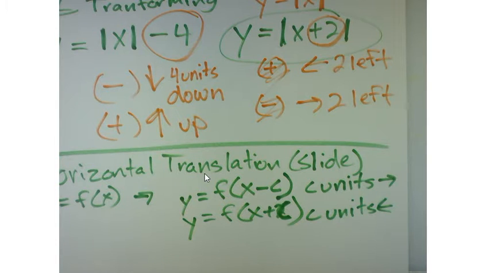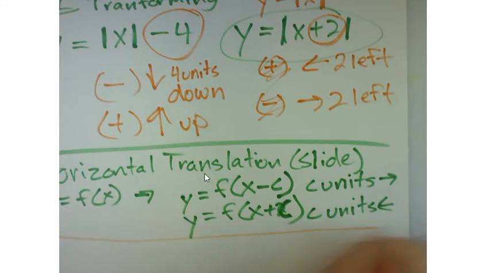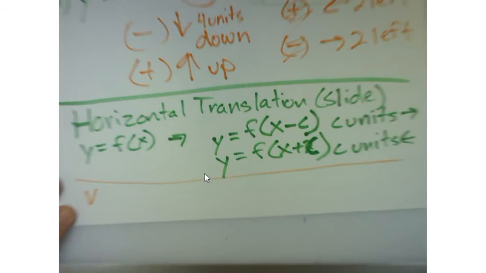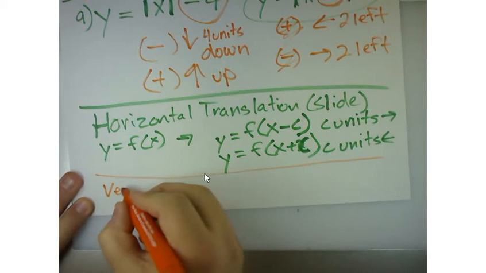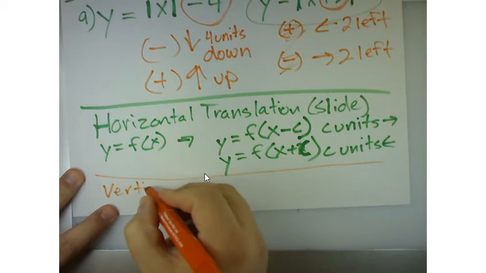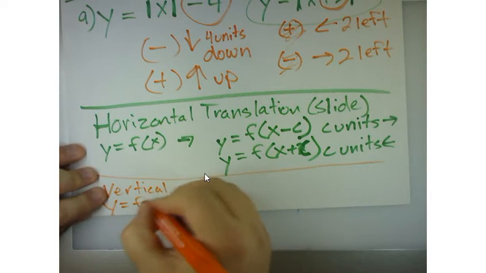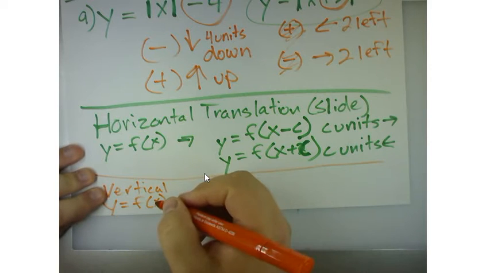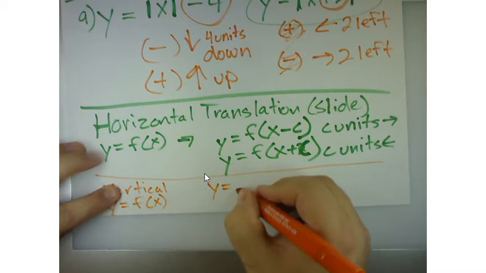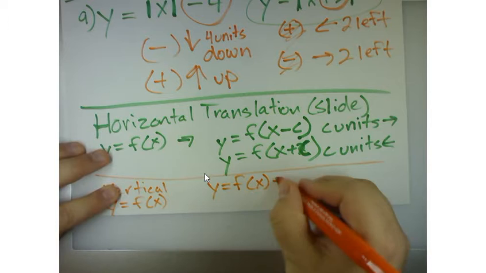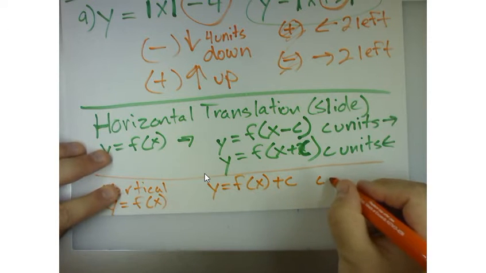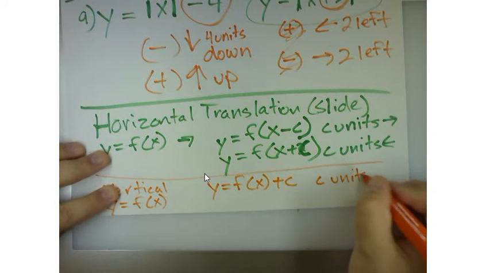Now for the vertical, it's a little easier. If I say y equals f of x, then y equals f of x plus c is c units up or down? Up.